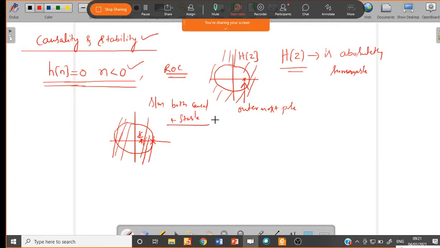Once more, if the system is causal and stable, the ROC must include the unity circle, and it should lie outside the outermost pole.